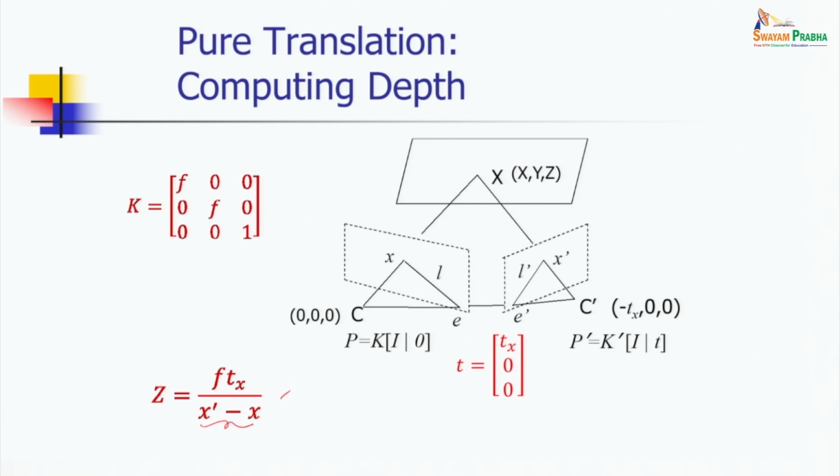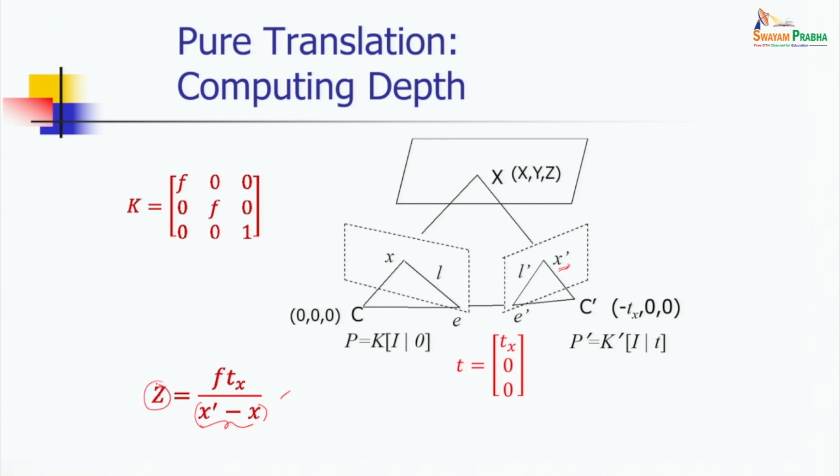This is actually called the parallax. That means the shift of the image point in the right image plane, the amount of shift along the x coordinate, x direction, that is the parallax, and the inverse of that, we call it disparity. So this is also called disparity.